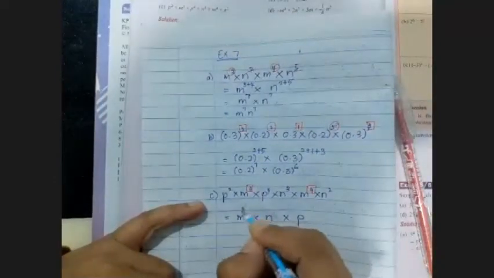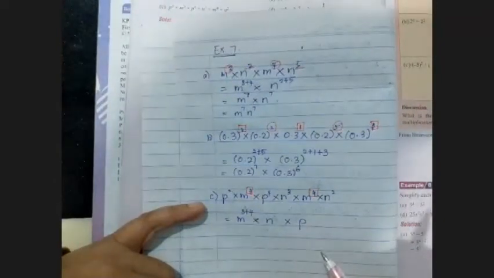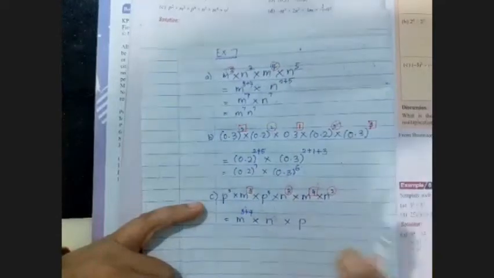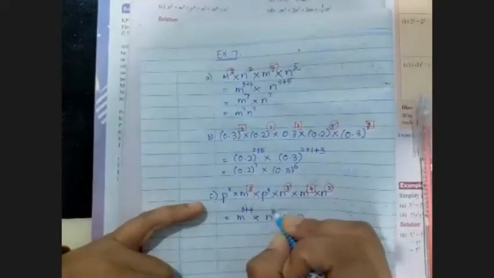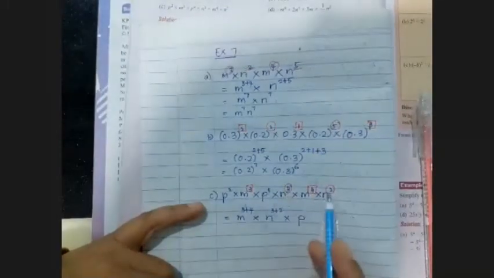So 3 plus 4. Next, for n, this is 3 and 2. So we need to plus because this is multiplication. So 3 plus 2.